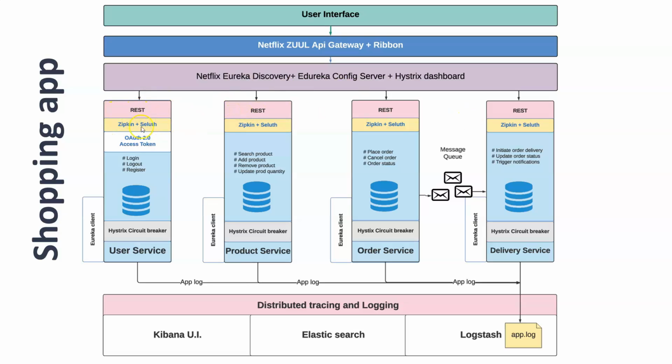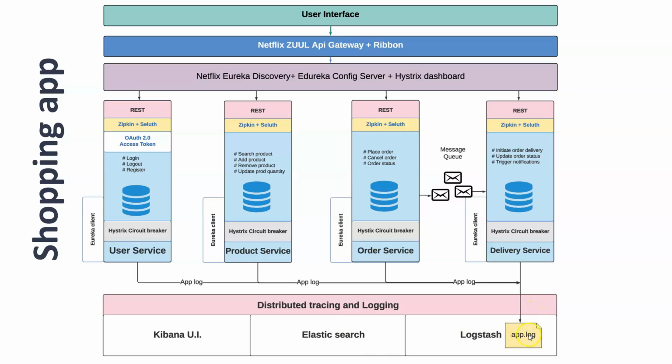We have the Zipkin and Sleuth dependencies to collect the logs in a better manner, with all the spans and depth that we can see. And here each of our microservices is writing to a log file, and we have configured all our log files in the logstash.config file.